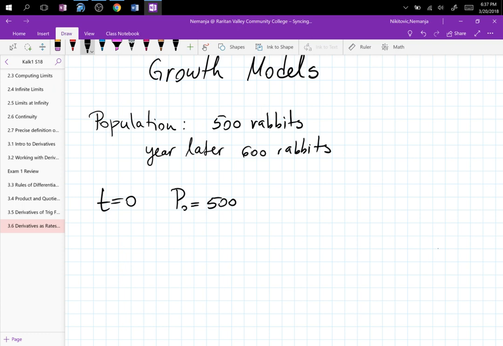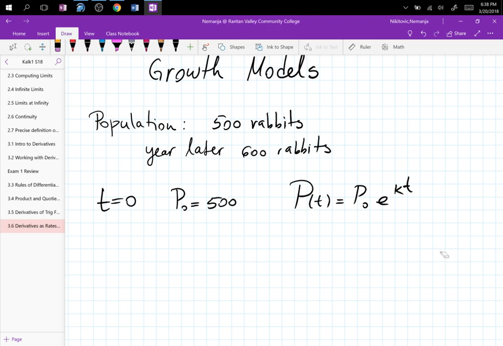The equation that you know from your pre-Calculus 1 class is that population of rabbits in time is initial population times e to the kt. P0 is going to be your 500 initial rabbits, and then all of the characteristics of rabbit multiplication and death and food and whatever other things go into this are going to be within this k.